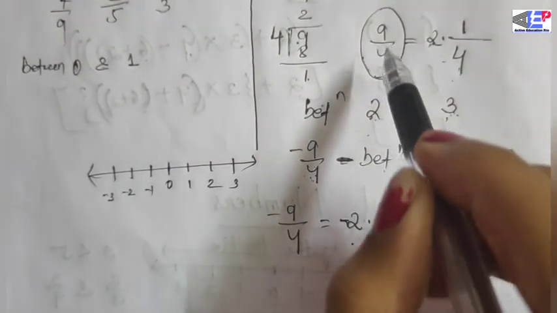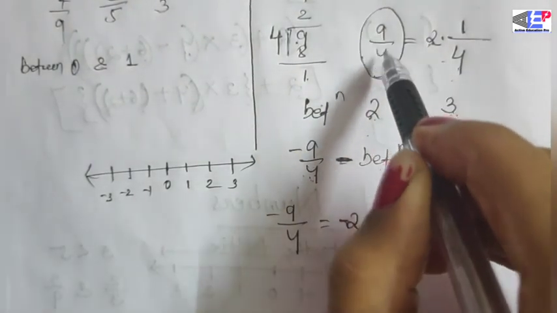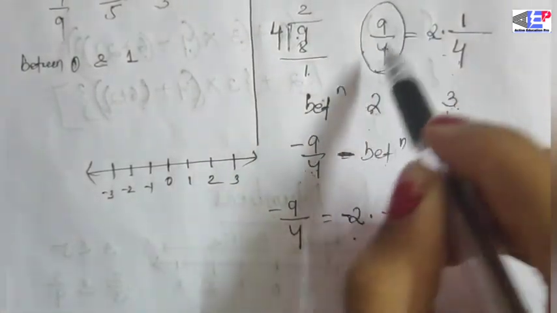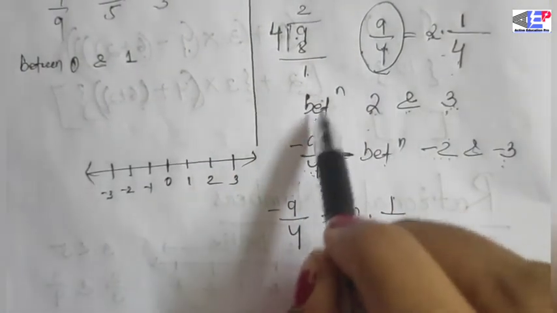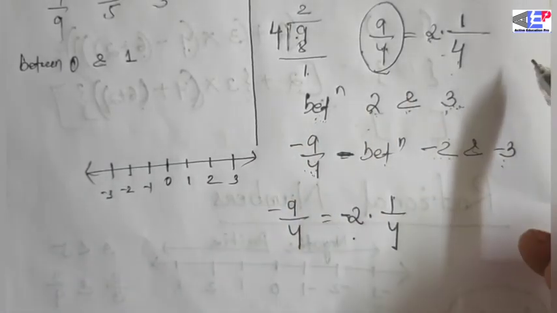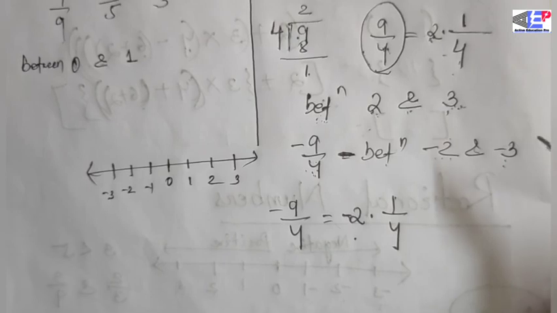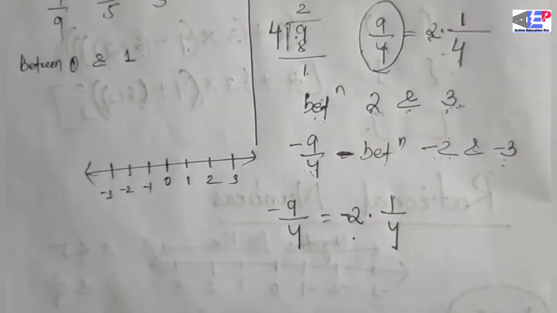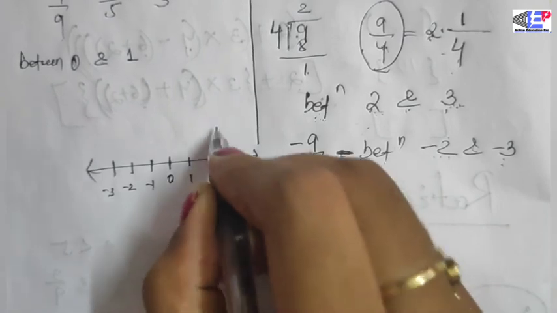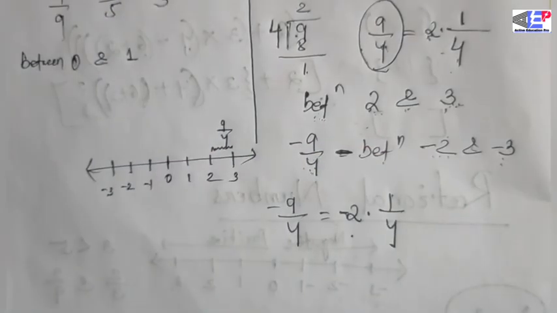If you have to spot 9 by 4 on the number line, these rational numbers on the number line are present between 2 and 3, because the whole number is 2 and its next number is 3. In between them 9 by 4 is present.